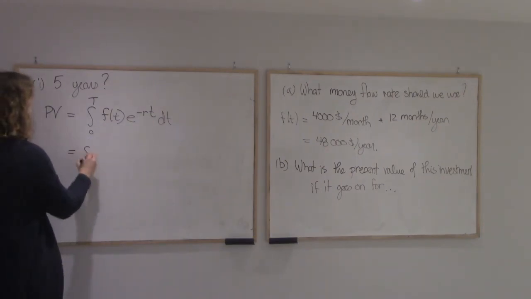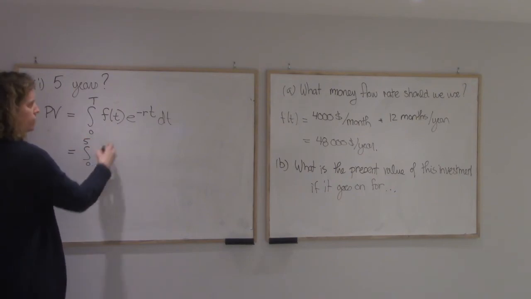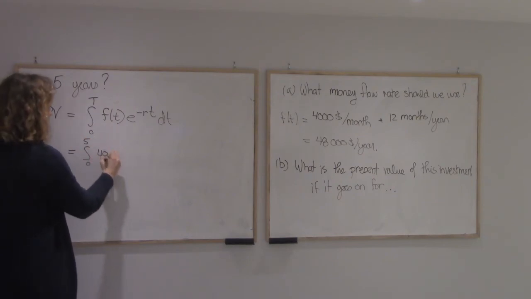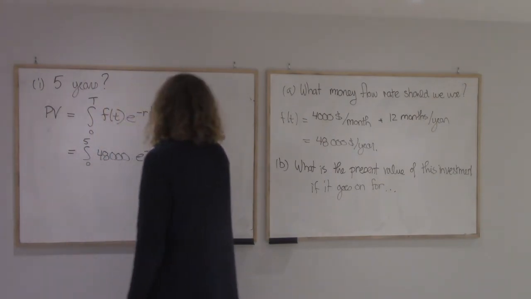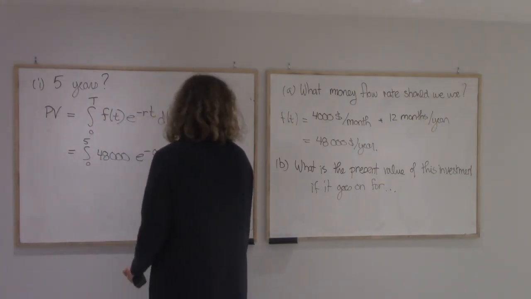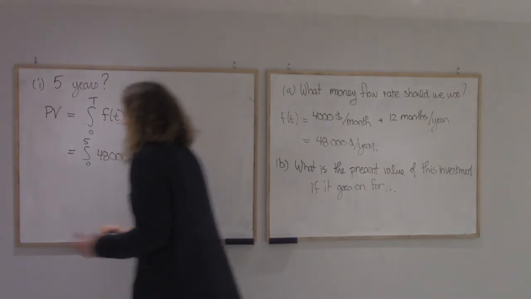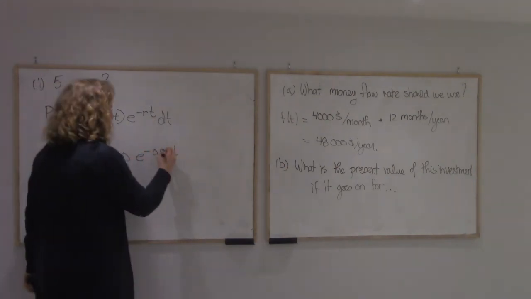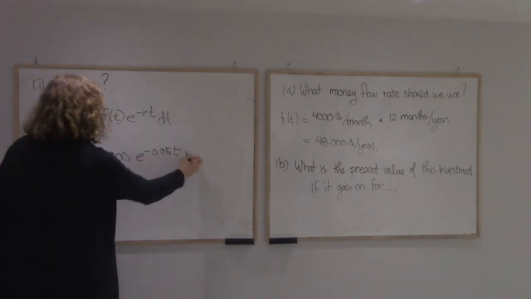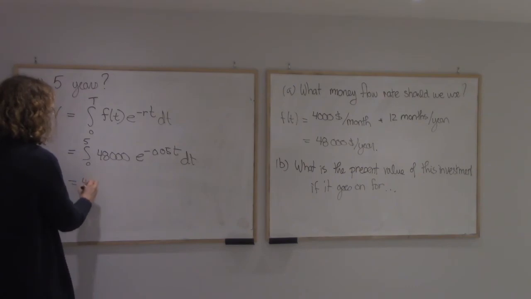So in this case, we said 5 years, f of t was $48,000 per year. The interest rate was 0.05. Let me double check. 5%, so 0.05 t. I'm going to integrate this.